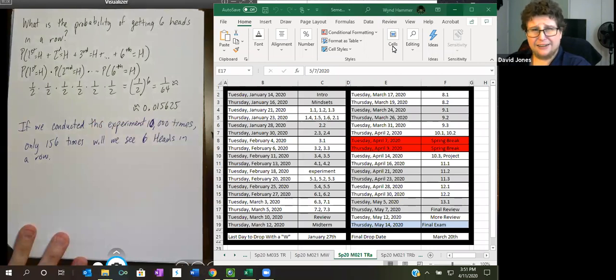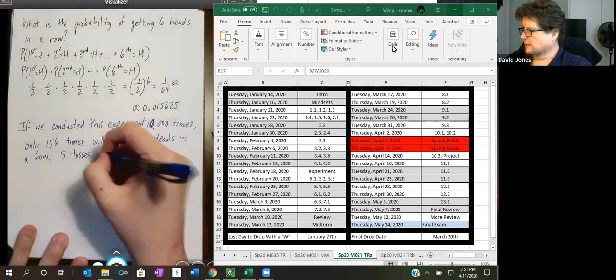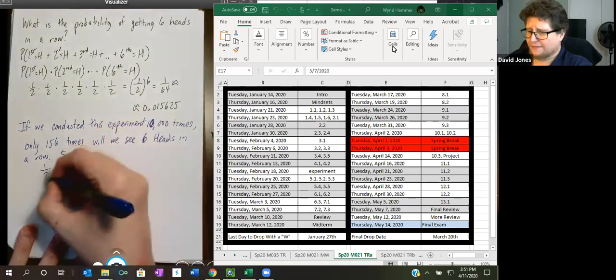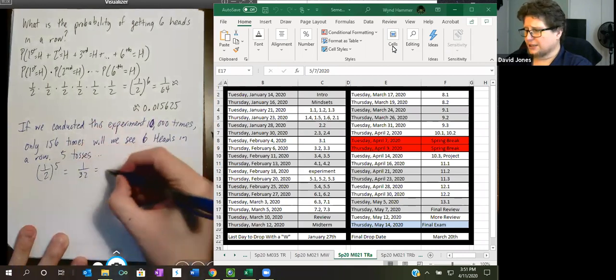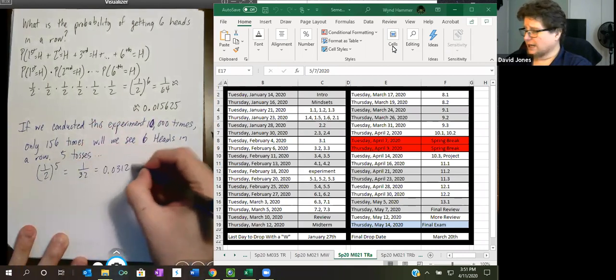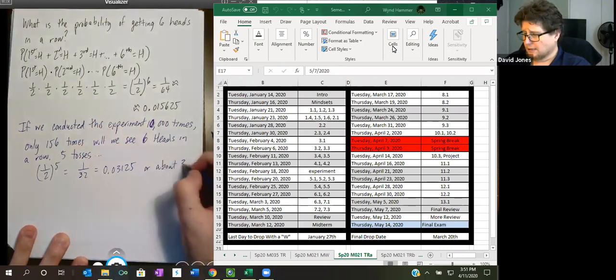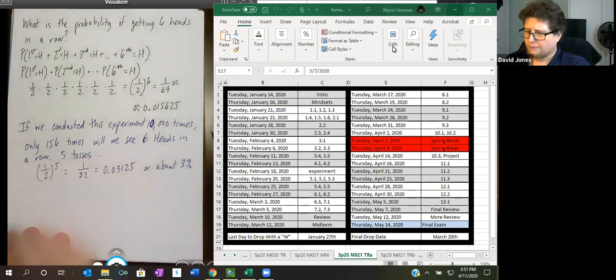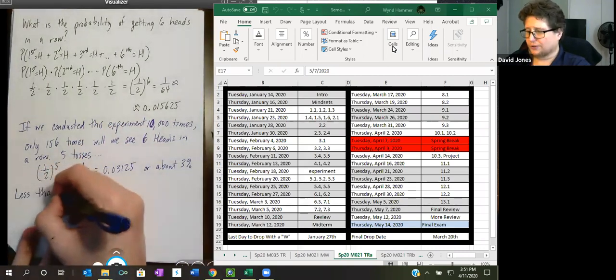Maybe one side's heavier than the other, so it lands downwards more often. 5 tosses, we would have had 1/2 to the 5th power. 1/32 is still very low, or about 3%. And remember, less than 5% makes it unusual.